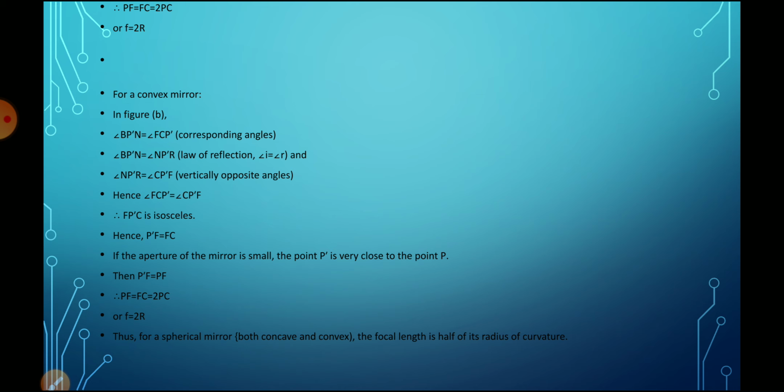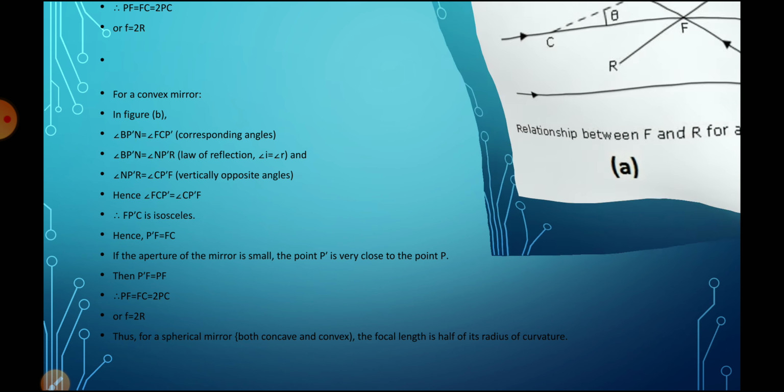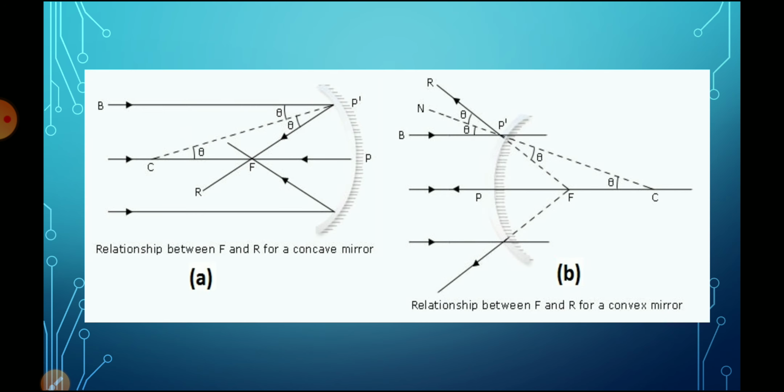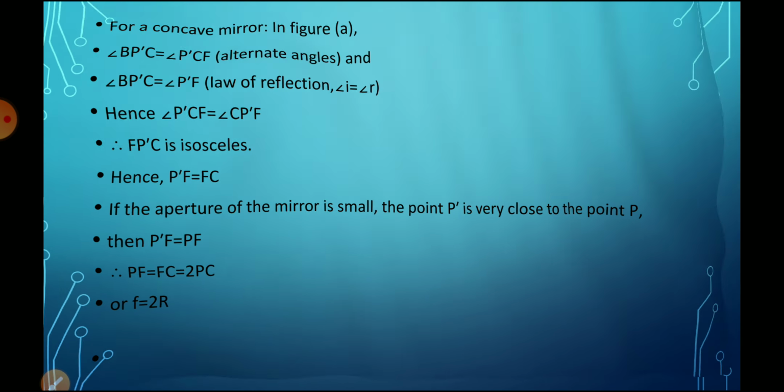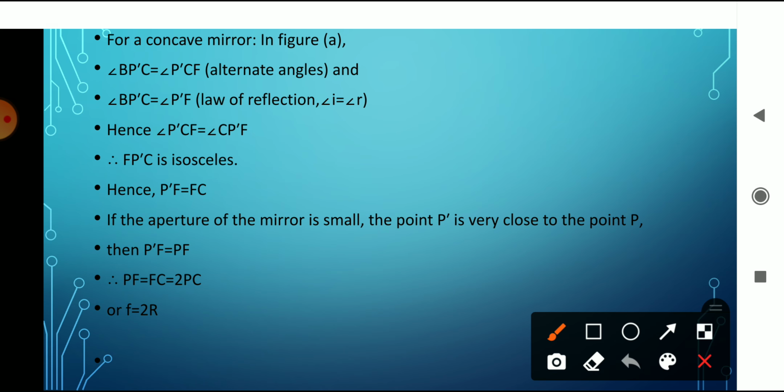Therefore, PF is equal to FC is equal to PC/2, or f is equal to R/2 for a convex mirror. Convex mirror की बात करें, इसी को देखो. f is equal to r/2.